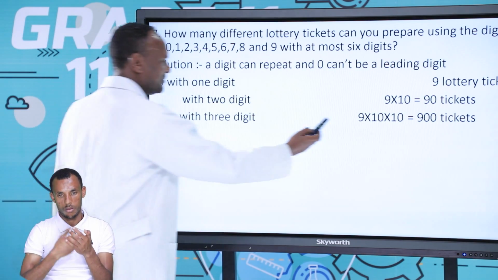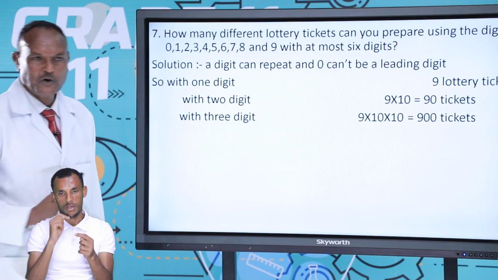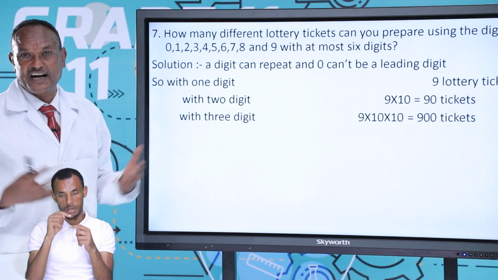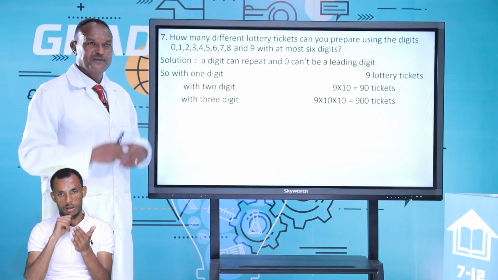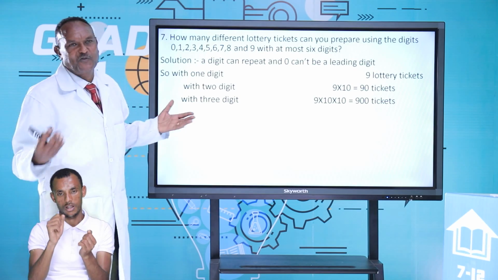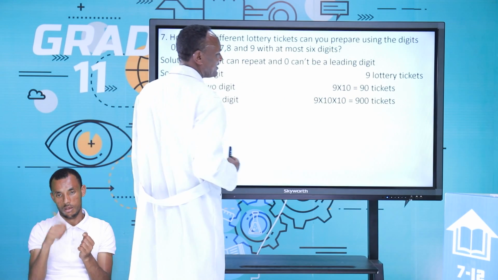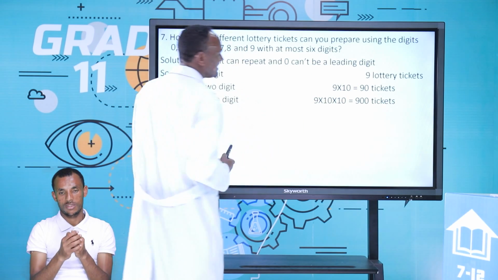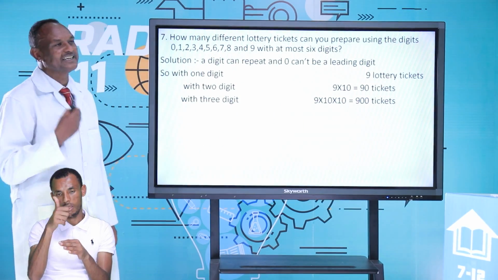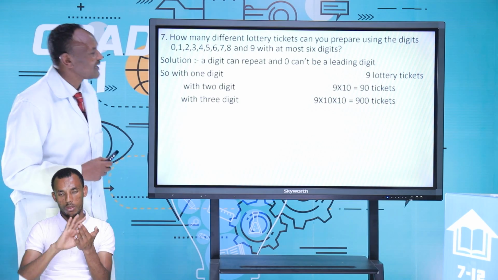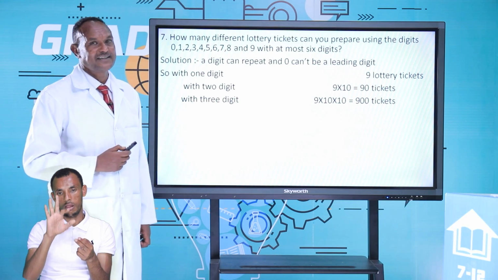For the tens place, a digit can repeat and 0 can be included. 102 is a 3-digit number. So for the tens place, we have 10 choices. For the units place, again 10, because we can repeat a digit. When I multiply, I will have 900 tickets.